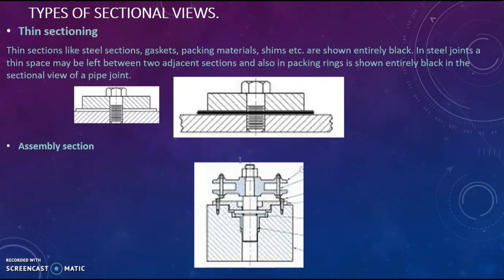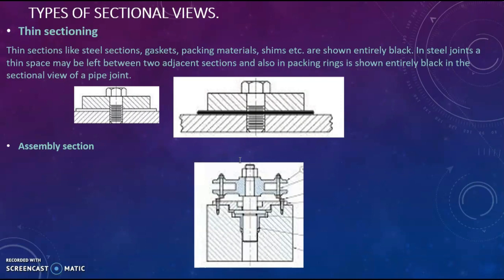And now we have something we call thin sectioning. For thin sectioning, you see most times in engineering drawing, after drawing, there will be a gap between two adjacent sections or rings. After sectioning two parts, there will be a thin gap between them.